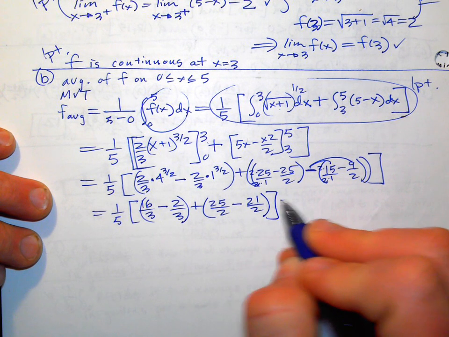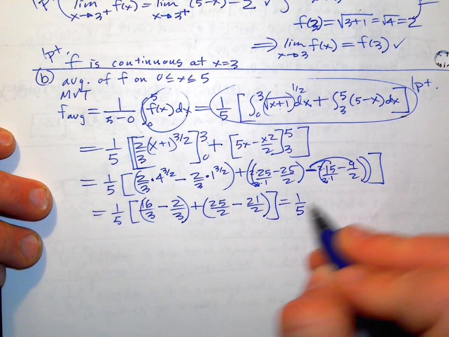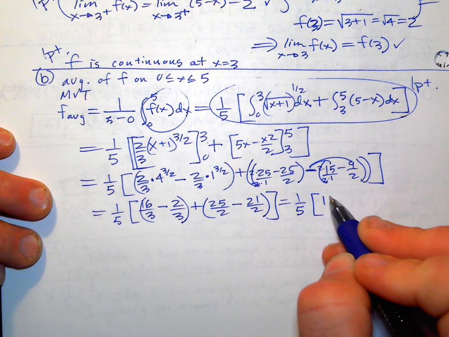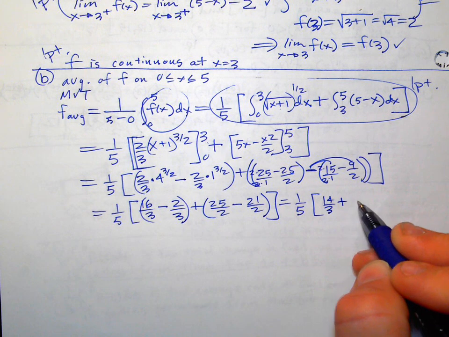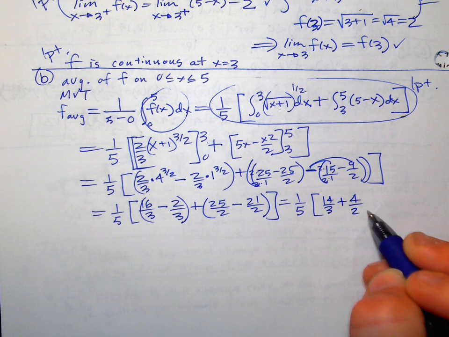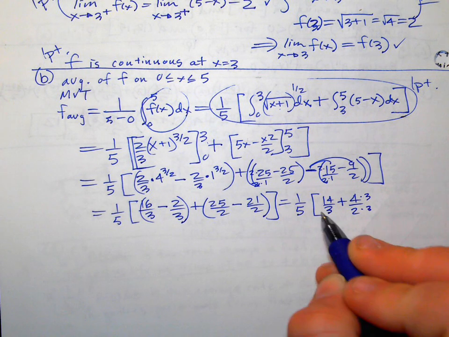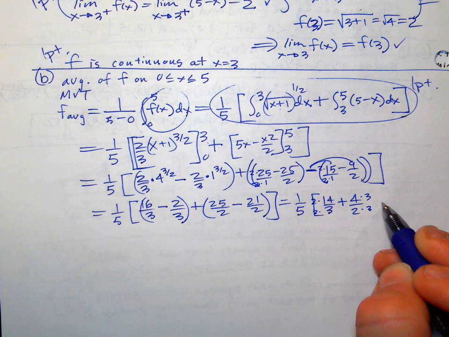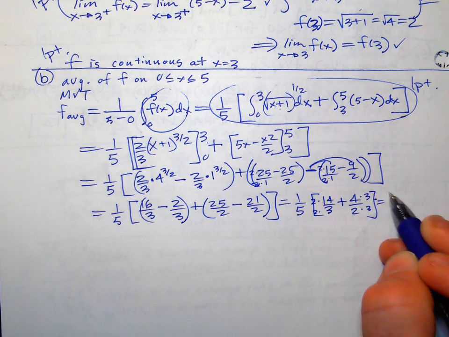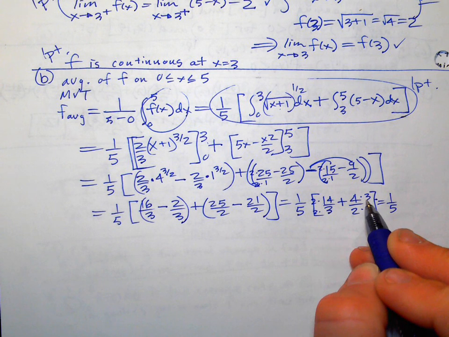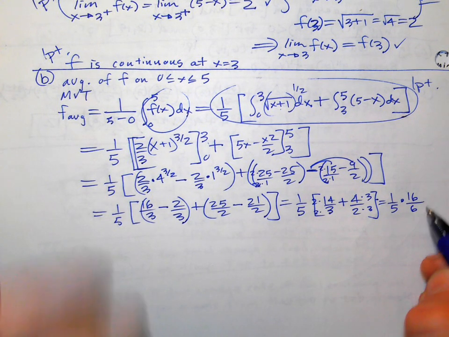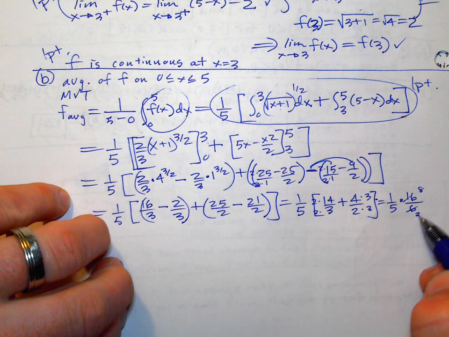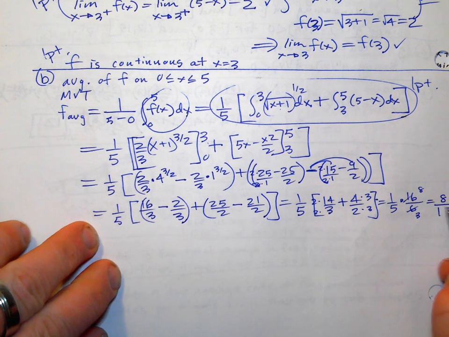So that's going to be 1/5 times 14/3 plus 4/2. We could give least common denominator. And so we get 28 minus 12 is 16 over 6, which we could reduce, and we finally get 8 over 15.